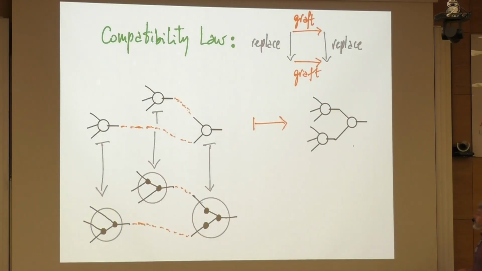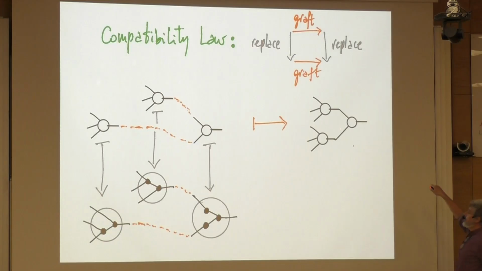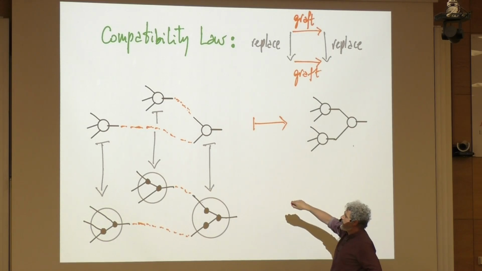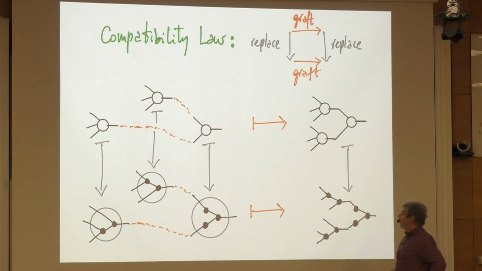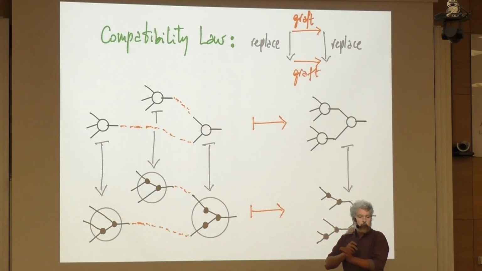So here I have a little example which shows that if I graft, say, these 2 trees into this one, that's one thing I can do, or I can replace these nodes by bigger trees and then graft. You see that the operation should give you the same thing. Okay? So we're working with 2 notions of composition compatible with each other.